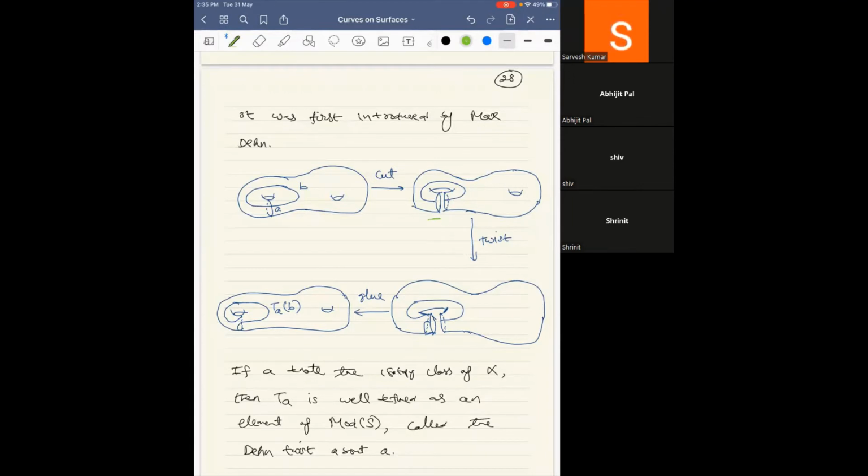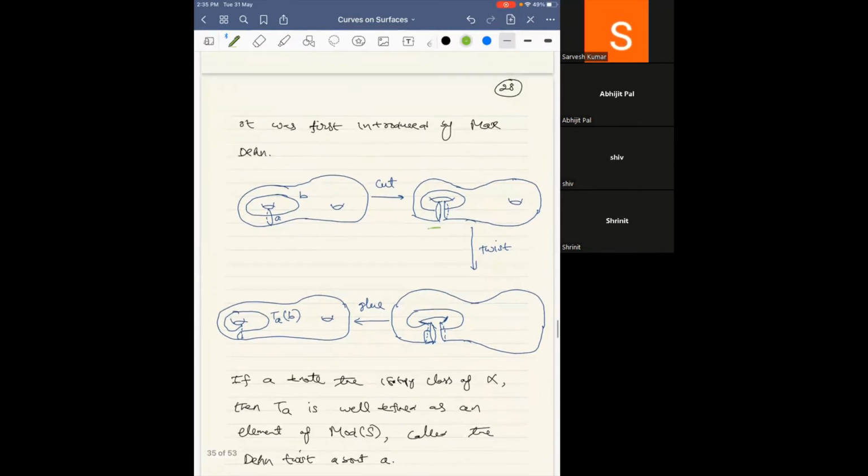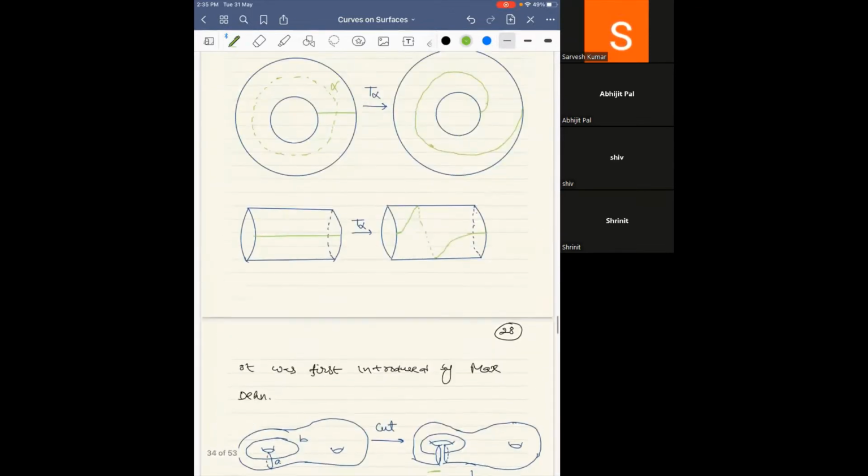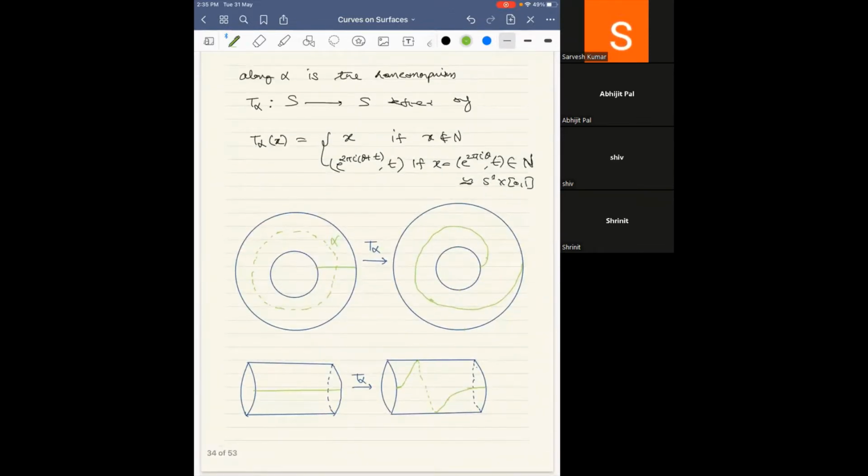Okay. So here I am writing A instead of alpha, and there is a reason that has to be explained. Now I am looking at it as an element of the mapping class group. Because you must have realized that when we defined the Dehn twist homeomorphism there are choices involved.